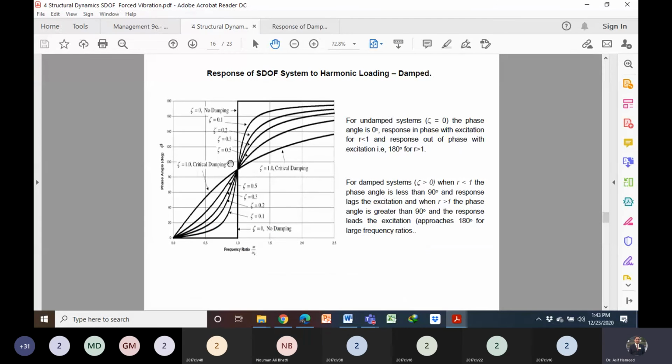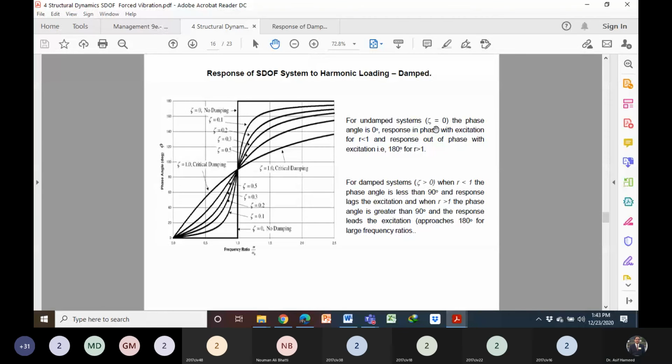Okay, the next is how the phase angle is changing with the frequency ratio and the damping ratio. Let's consider the first case when damping is equal to 0. कौन सा केस है? This is the previous case.